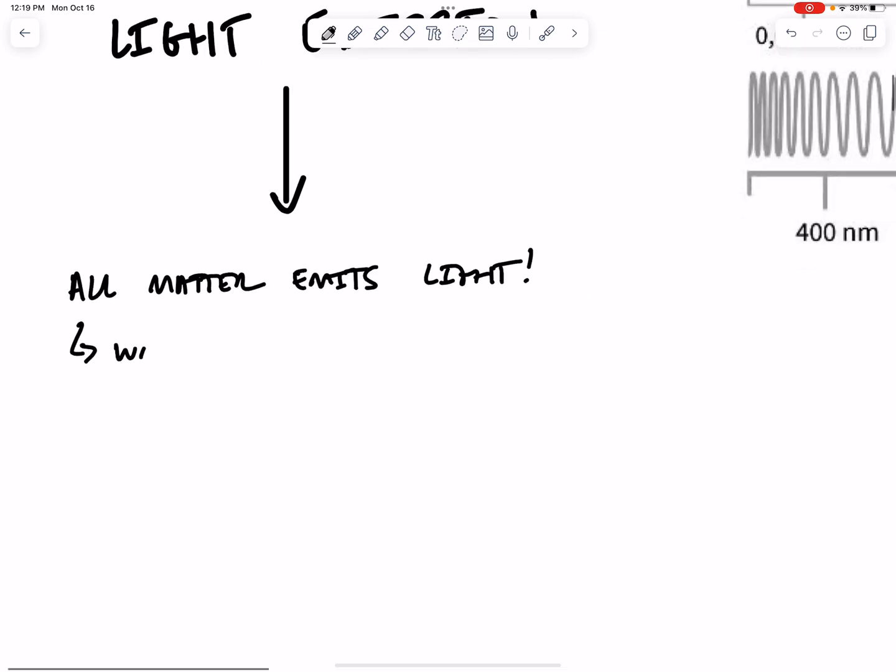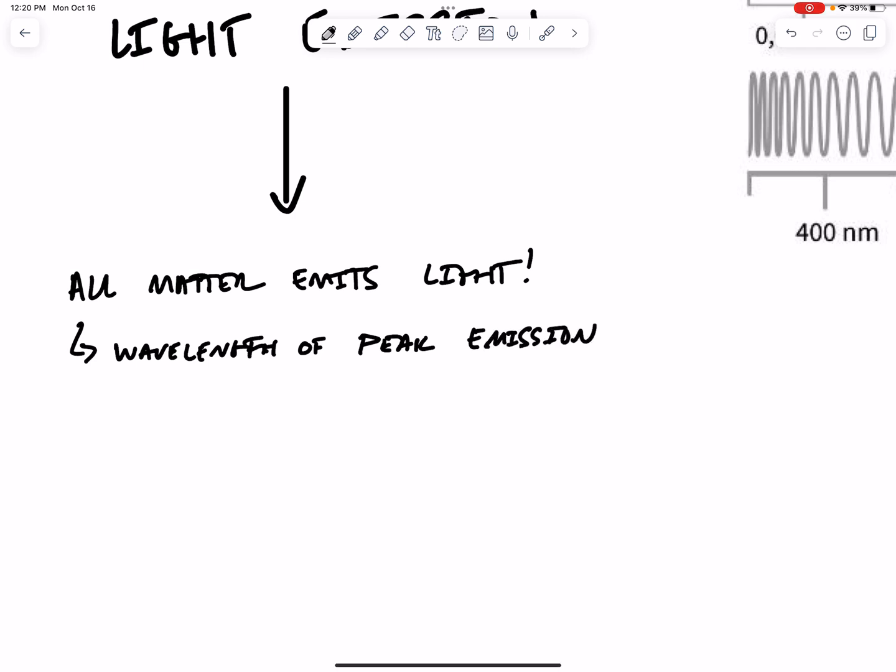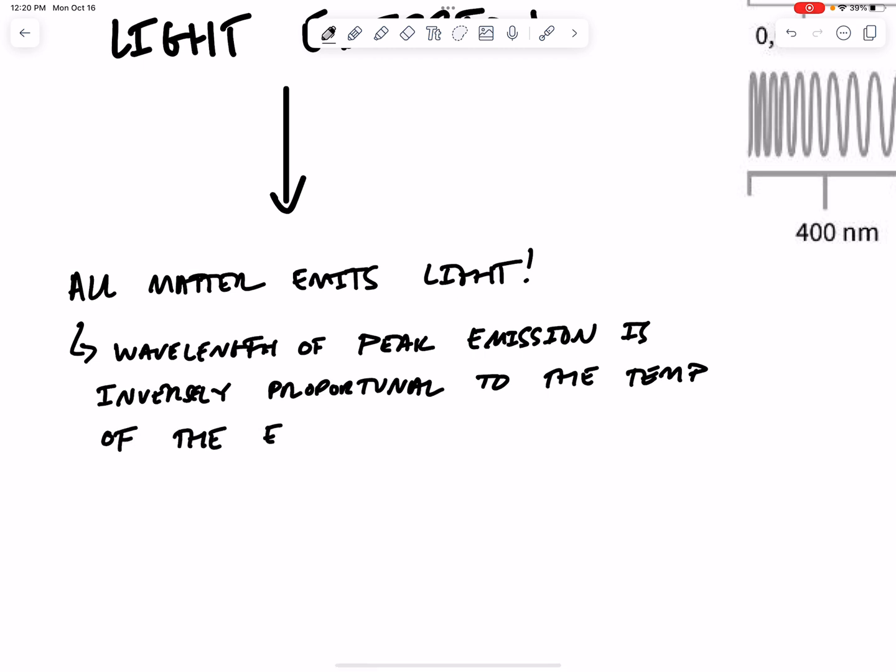So the wavelength of peak emission, so the light that matter gives off, is inversely proportional to the temp of the emitting object.